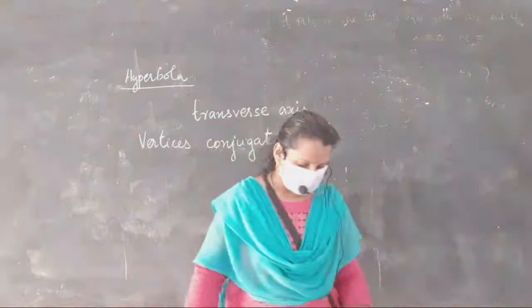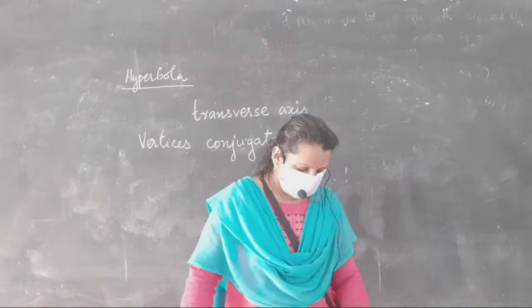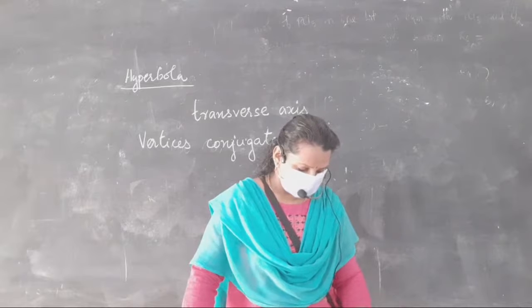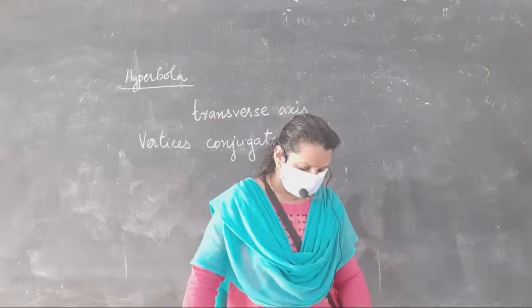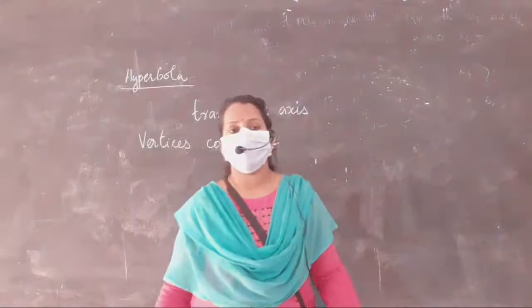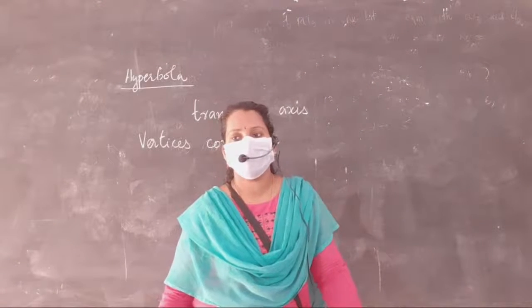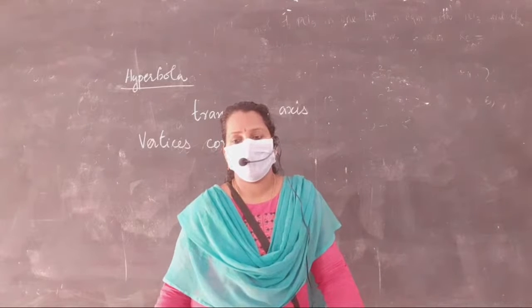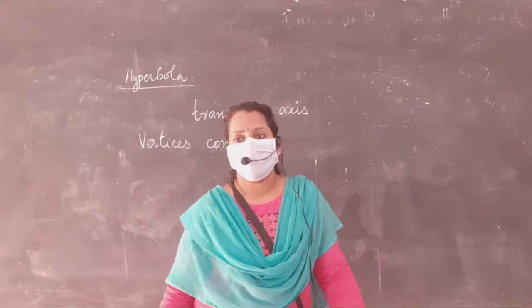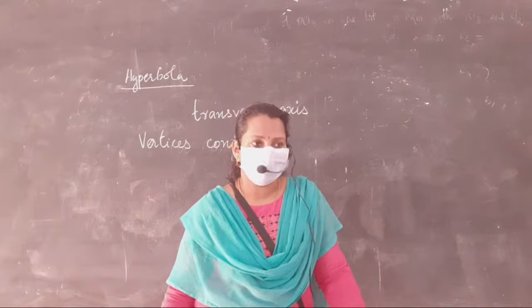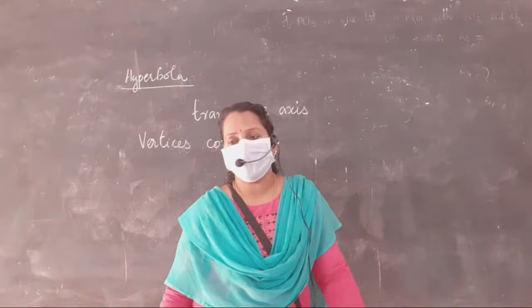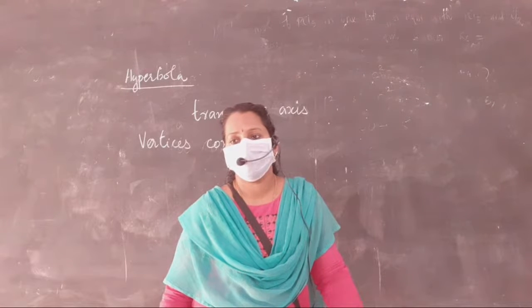Next line: length of transverse axis equal to 2a. Length of conjugate axis equal to 2b.